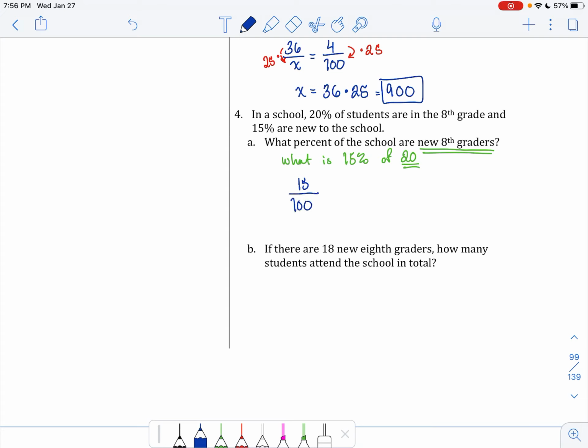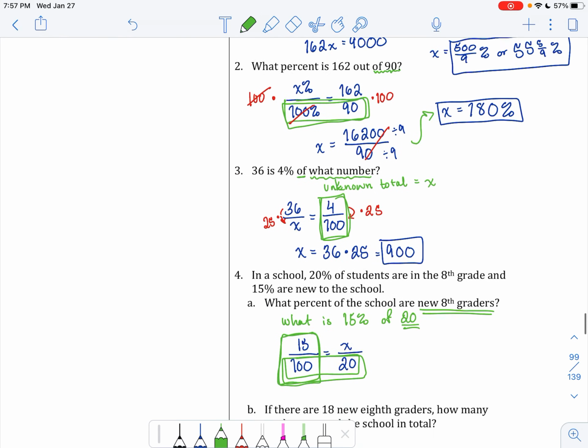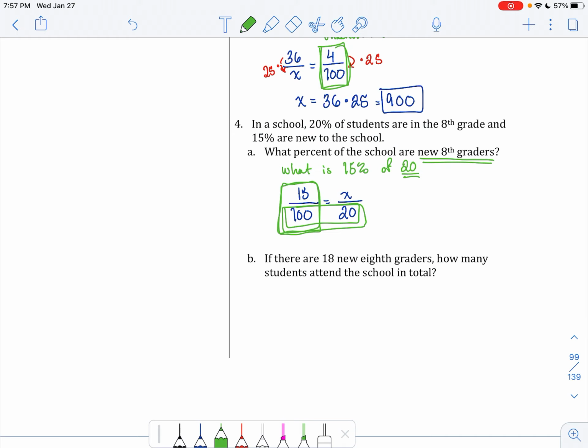So 15 out of 100 for the percents is equal to our unknown out of our total 20. So what you'll notice here, again, the total is in the denominator, and then the percents are always together as well. So here we had our percents. I switched the sides here, but that's all right. We always want to keep our percents together and our totals together.